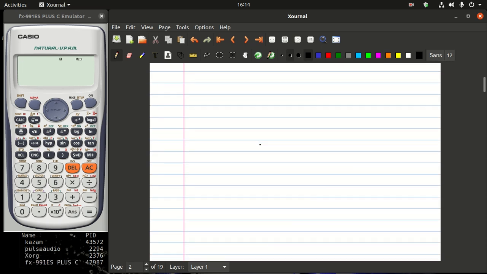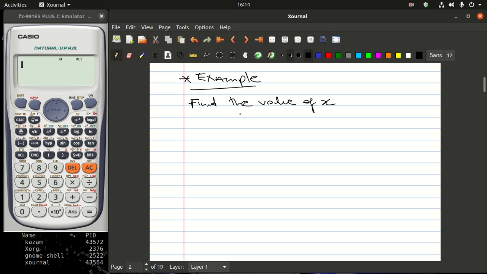Of course, usually theory and summary doesn't make sense if there is no example. Let's take one example and actually move to the business of the day, which is the functions. So suppose I give you an example and I say find the value of x, or solve for x, or solve the inequality.